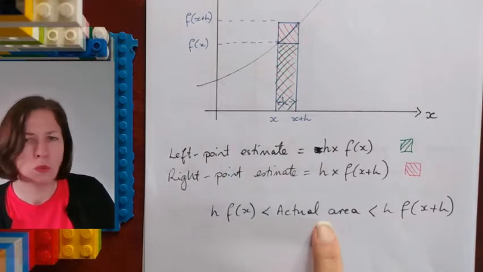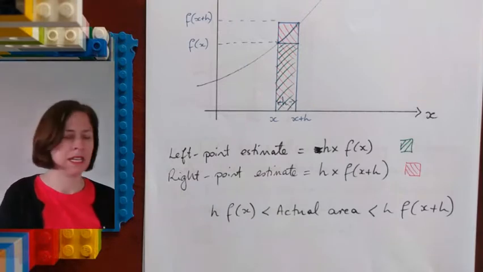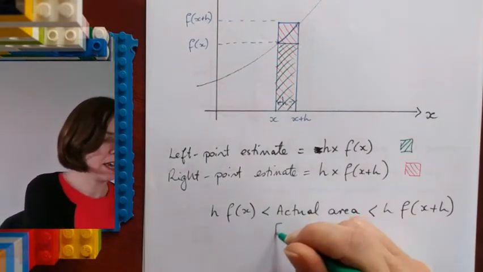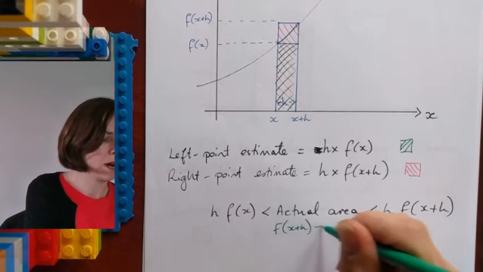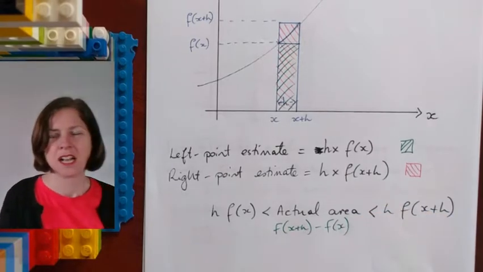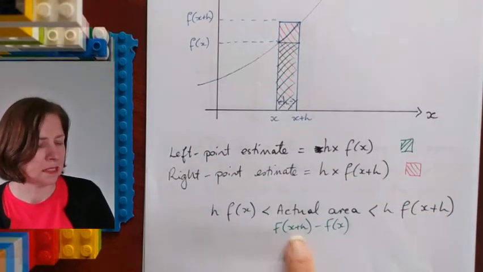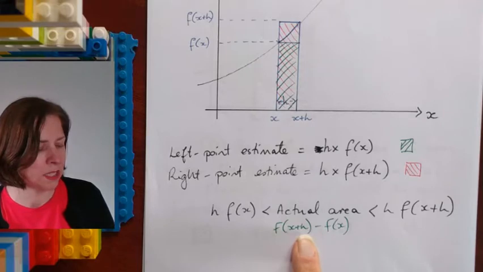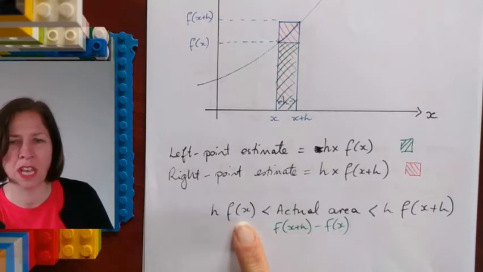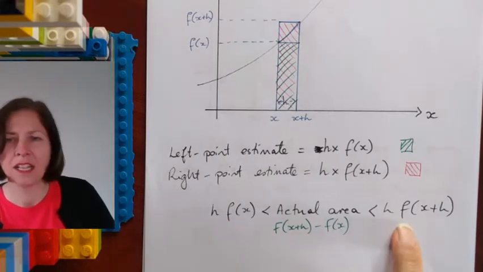So the actual area that we're talking about here is F of x plus h minus F of x. I don't know much about this at the moment, except that I know it's going to be more than h times f of x and less than h times f of x plus h.